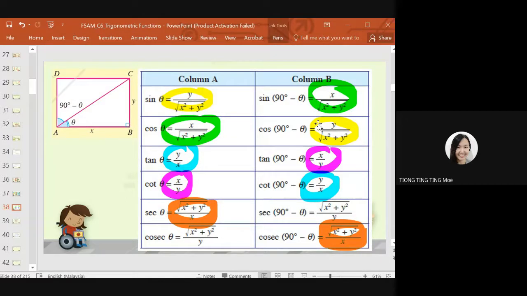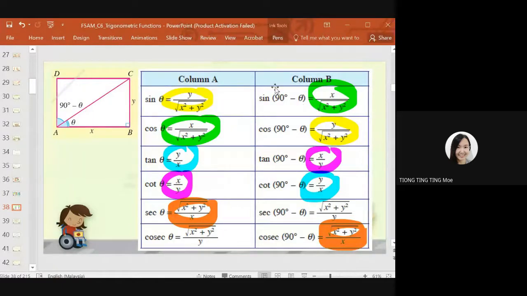Why do we need to know about this relation? Because during the exam, no formula is given, right? During the exam, none of these formulas are given. So you need to generate the relations by yourself.